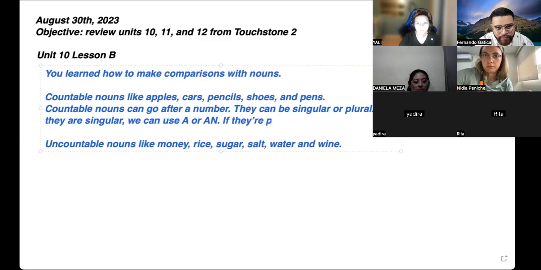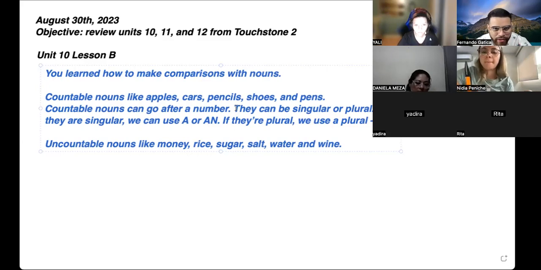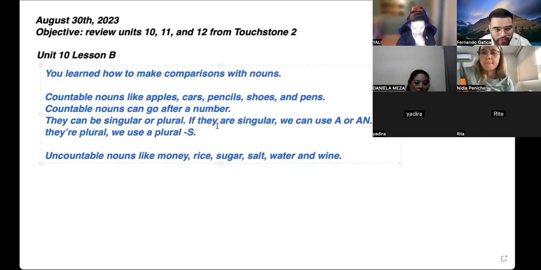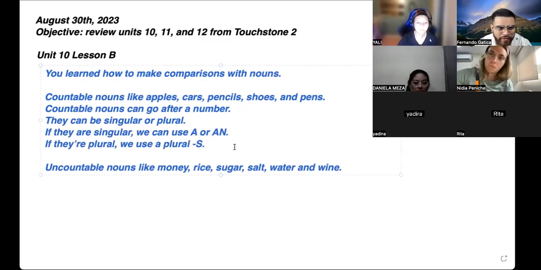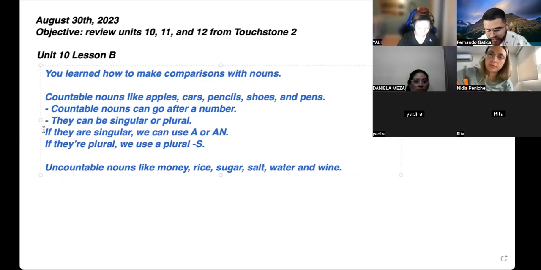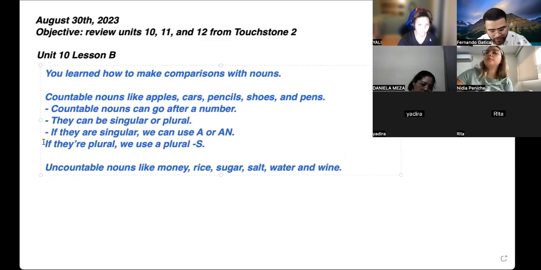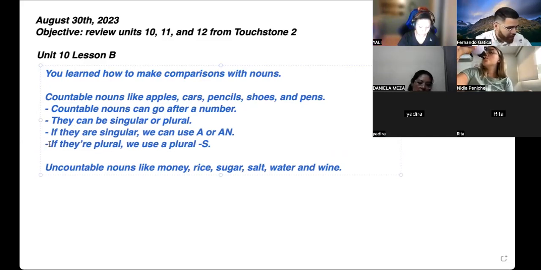If they're plural, we use a plural s. So it's basically three rules. Es contable si puede ir después de un número, si puede ser singular o plural, si cuando es singular le ponemos a o an, y si es plural le ponemos una s.